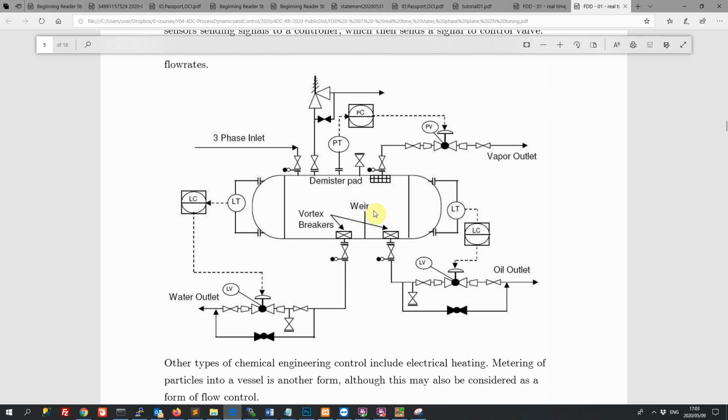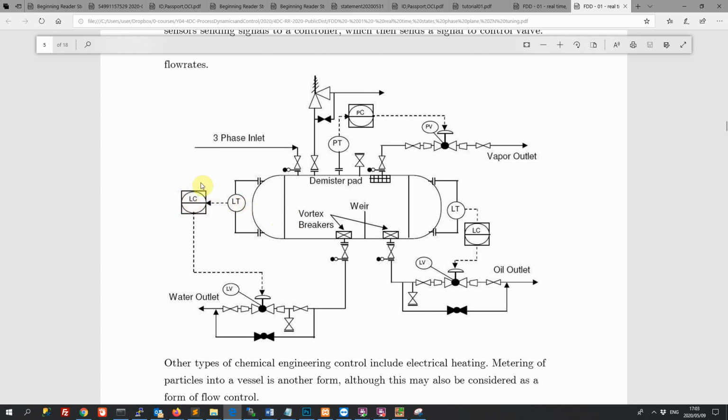And like we said earlier, in chemical engineering, the way we implement control is really by changing flow rates. And here's one. You can see 3 control loops here. And in fact, 2 of these control loops are trying to do the same thing, which is maintain the level in the tank. So there's a level transmitter here. So we need something that's going to measure the level constantly and feed back to the level controller.